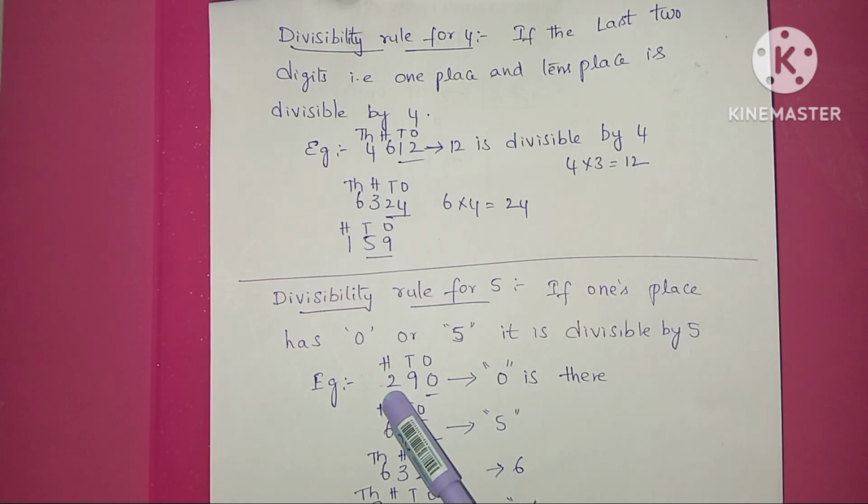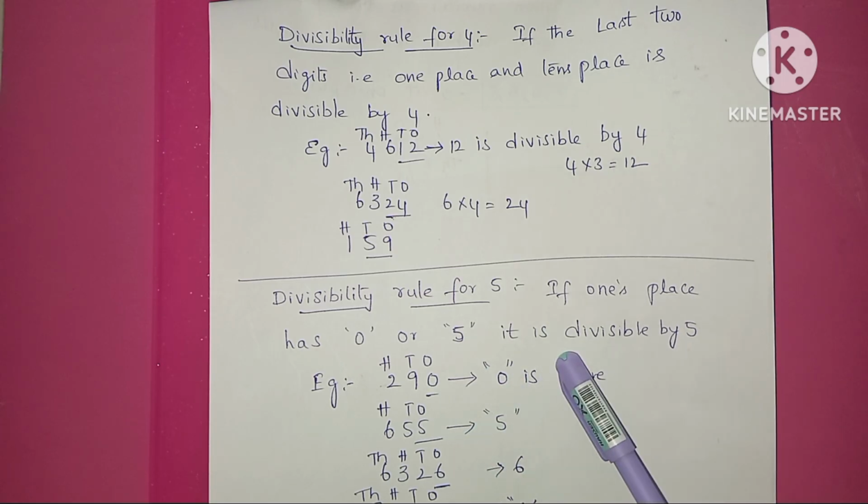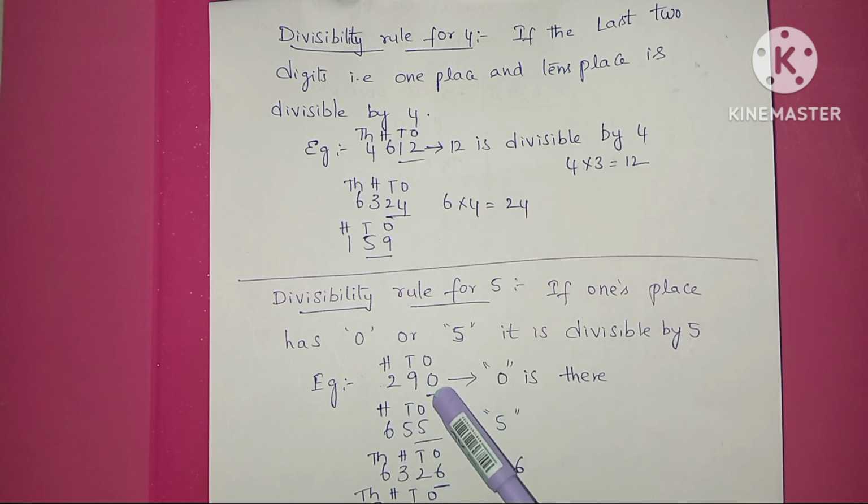Here, take the examples. 290, look at the ones place, this ones place is 0, so if it is 0, it is divisible by 5. Only by looking at the ones place, we can decide whether it is divisible by 5 or not. 655, next example, ones place is 5, so it is taken as divisible by 5.